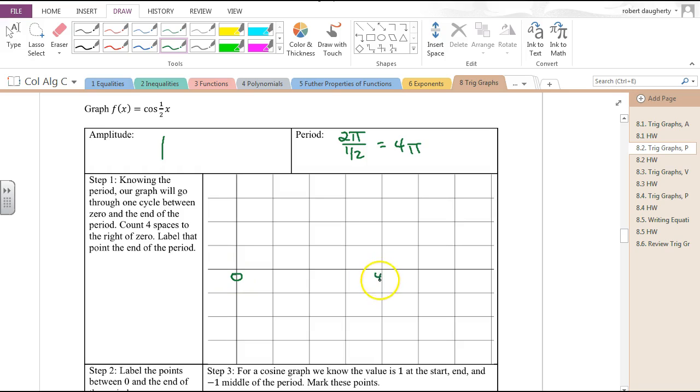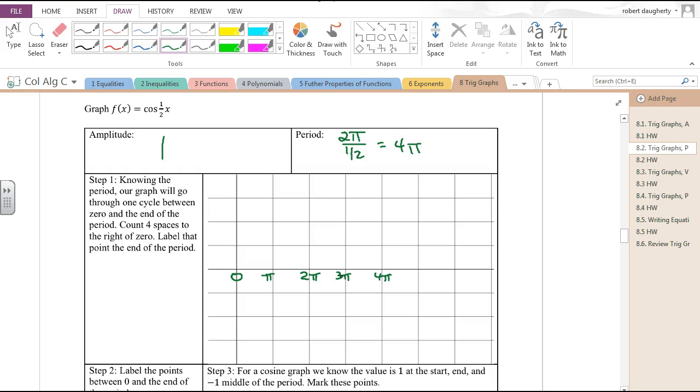And what is this point? 4 pi. Because it changes. Okay, you've got to figure out the period. So if that's 4 pi, what's halfway between 0 and 4 pi? 2 pi. What's halfway between 0 and 2 pi? That's just pi. And this is 3 pi.